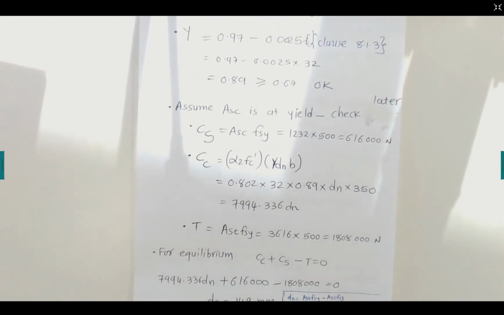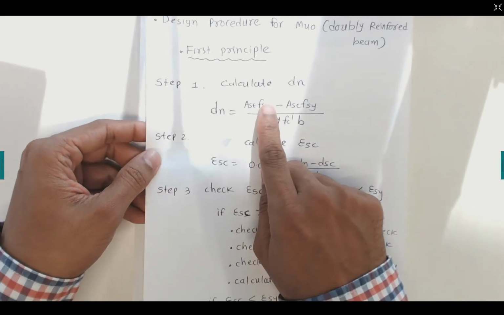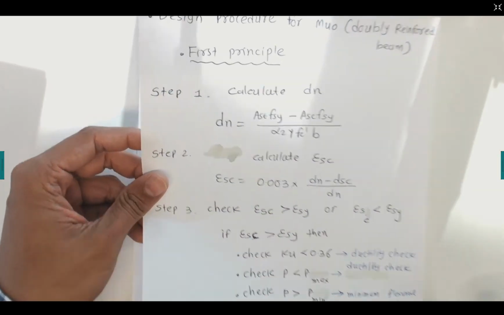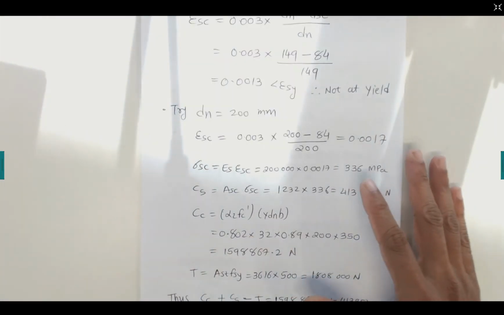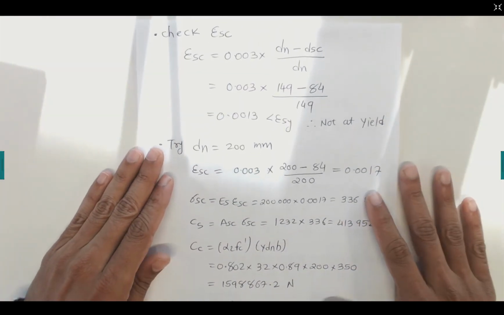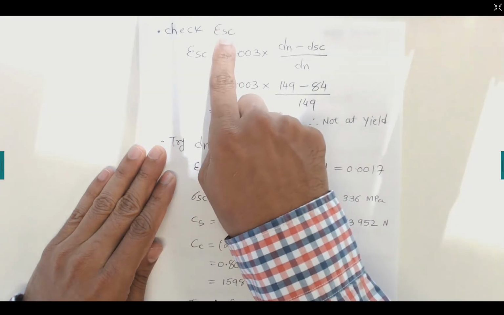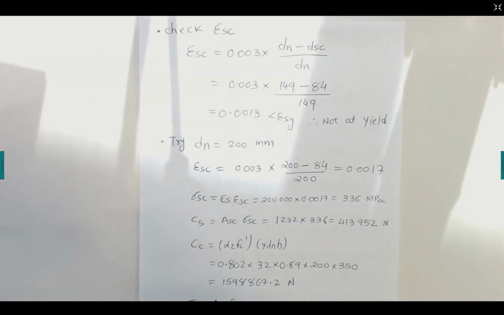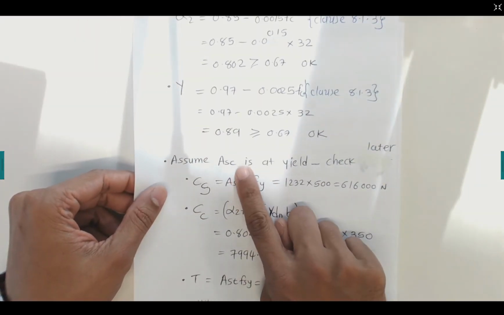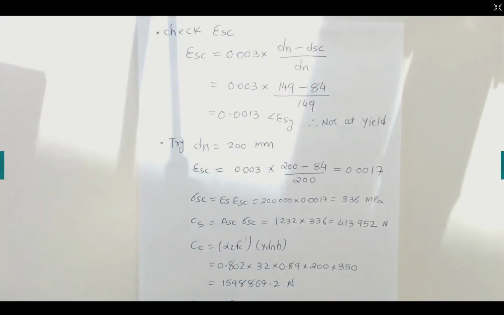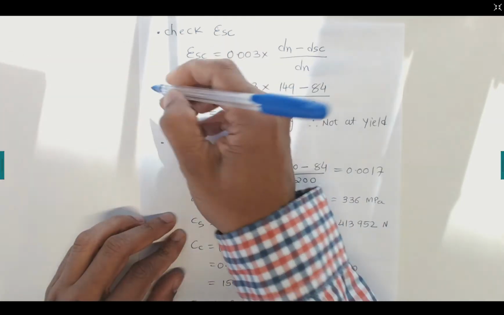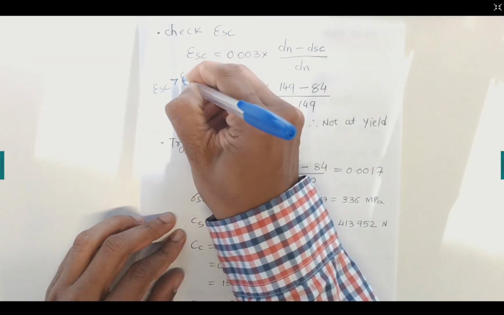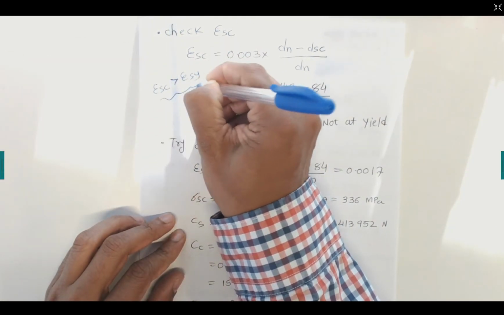If I go back here, we calculated this dN value by a very straightforward, simple procedure. After calculating dN, we need to check, and this is very important, because we made the assumption that the top reinforcement should yield. So we need to make sure that the strain ESC in the top reinforcement is greater than ESY.